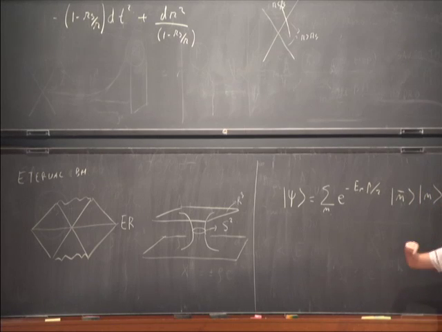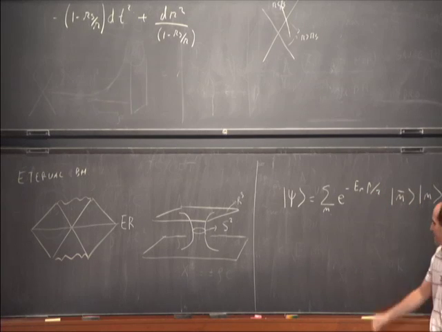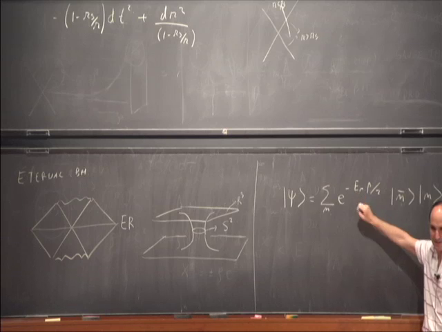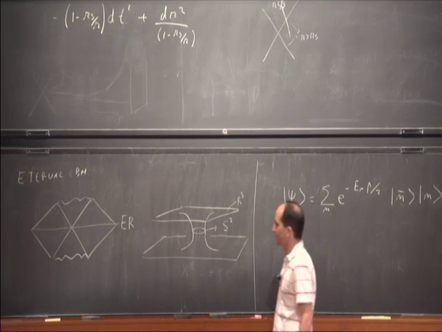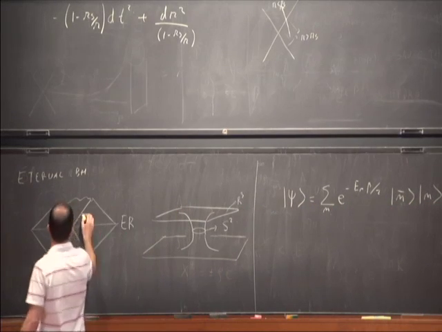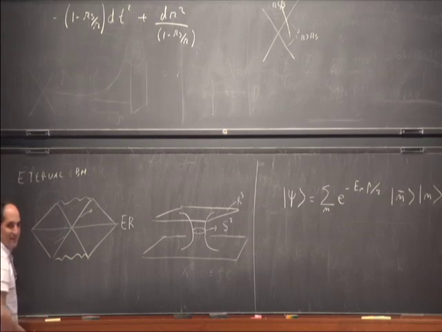They're indexed by some integer, right? This integer doesn't mean anything. It's what labels the various states, right? And this is the corresponding energy of each of the states. What's the bar? The bar means the CPT conjugate, because, let's say, a Hawking mode that is coming out here is related to something that is going in this direction.